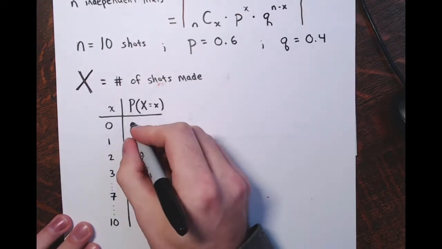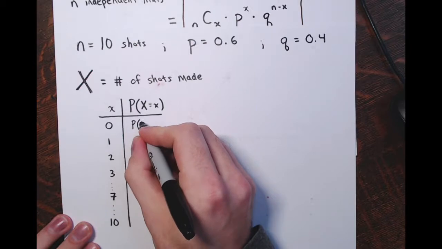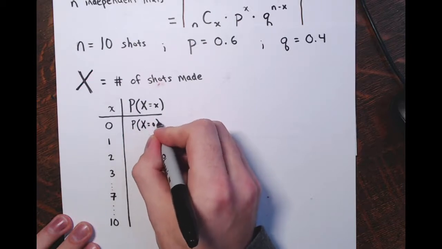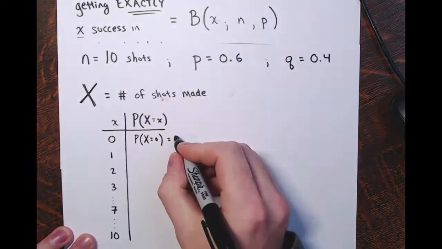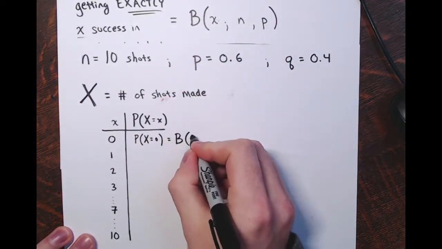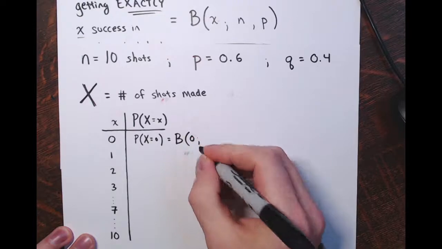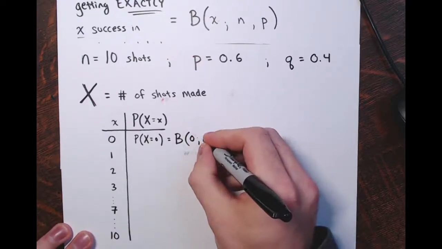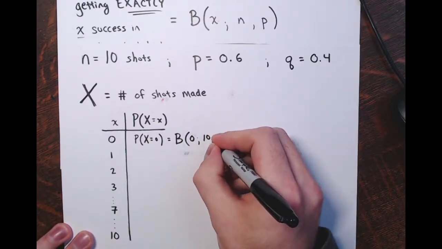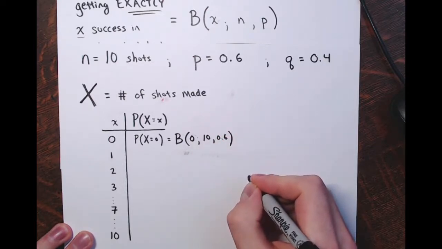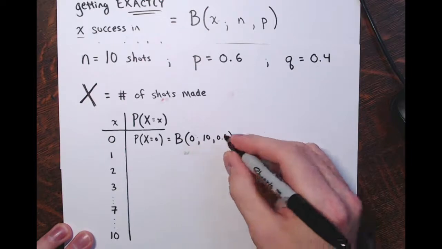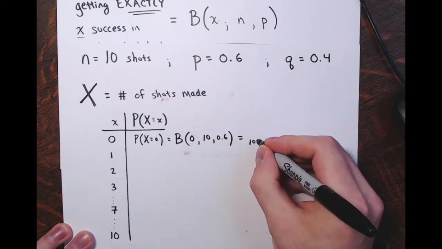And then here, this probability that x equals 0. The way they're writing it in the book would be this b with 0 successes, and then there are 10 trials. Probability of success is 0.6. The way I would calculate this would be, I have 10 trials.